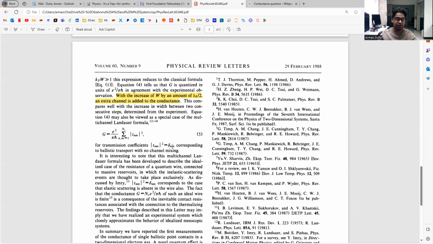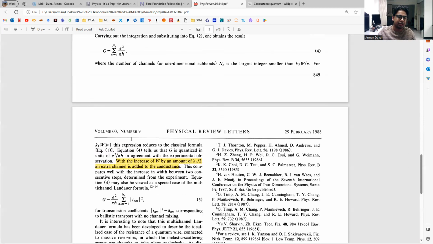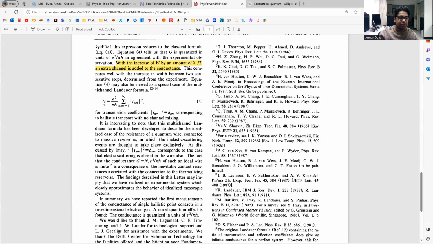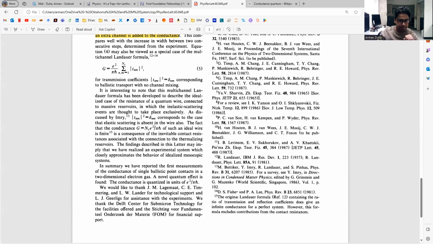It's either yes or no, right? Because it's ballistic. So this expression will simply correspond to equation 4. So you can also come to the same conclusion from the Landauer formula. So that's pretty much the conclusion of the paper.